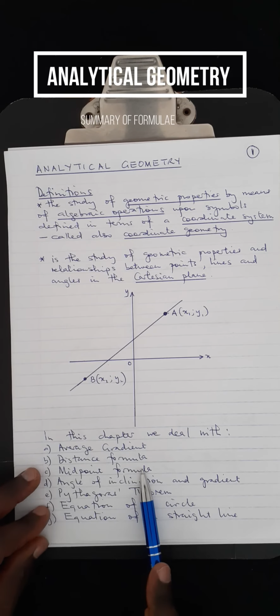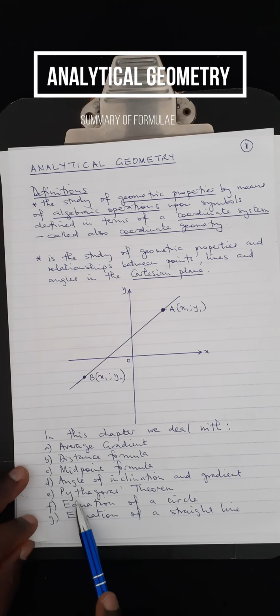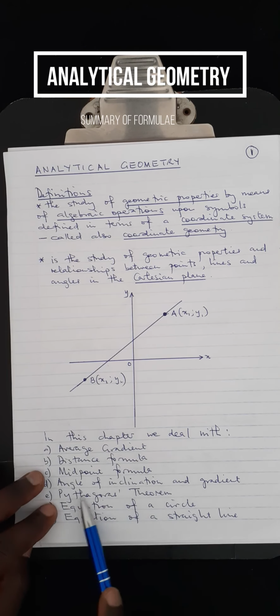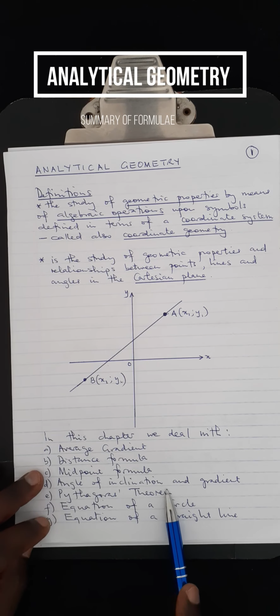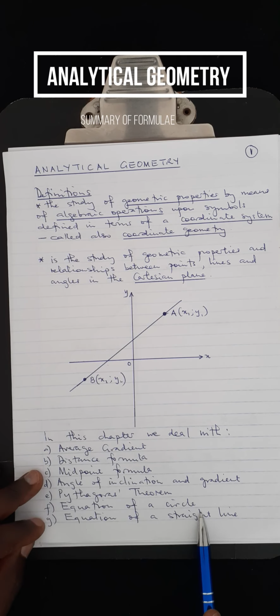We have the midpoint formula, the angle of inclination and the gradient. We also have Pythagoras theorem, which is also used extensively in this topic. We also have the equation of a circle. At a later stage, we will be talking about the equation of a circle and the equation of a straight line.